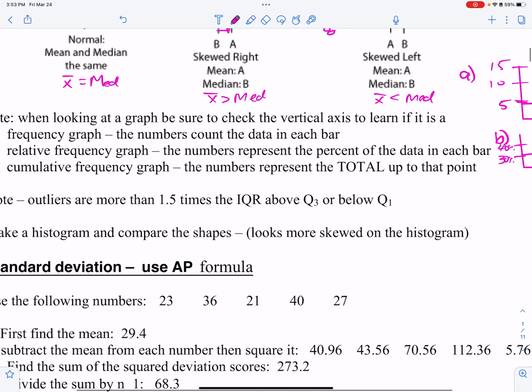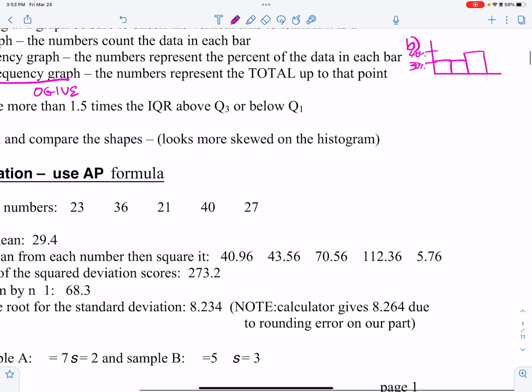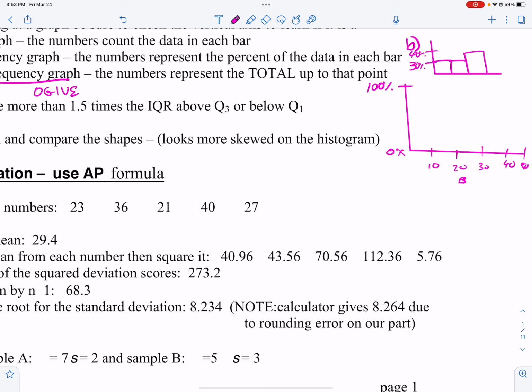And finally, the cumulative frequency graph, that's also called an ogive. And we did this in test 2. And what this looked like is this. When you have a cumulative relative frequency, because it adds up to 100%, it starts at 0. And if I had, let's go here, 10, 20, 30, 40, 50, maybe this is the money I've made in thousands.